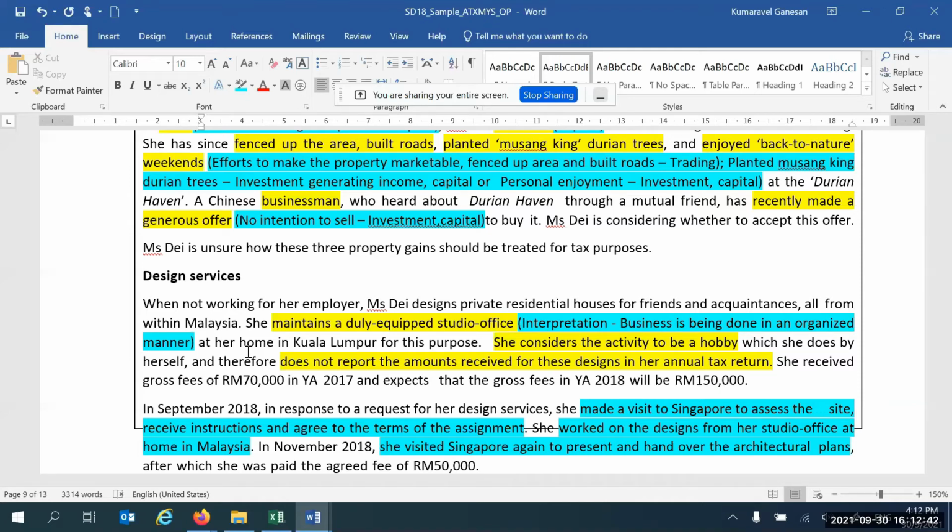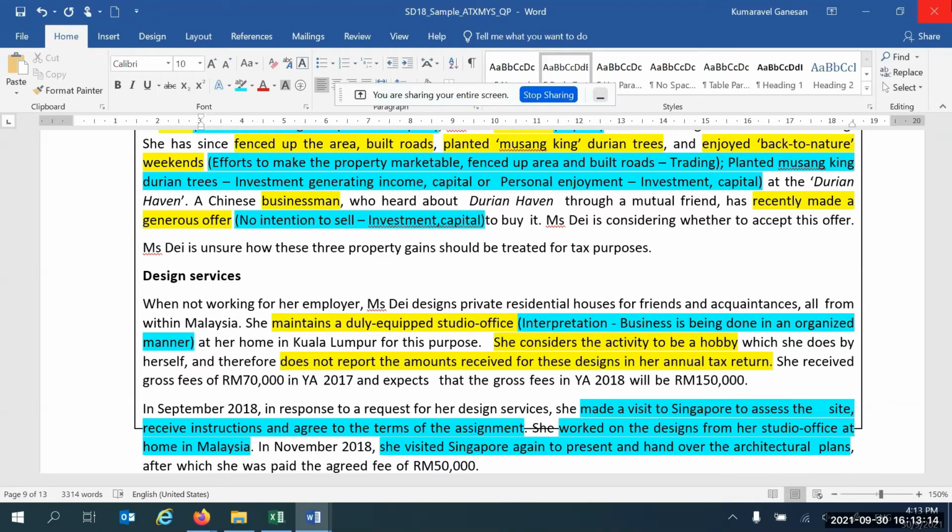Singapore is just to receive instructions and agree. But what did she do? She did it all in Malaysia. Once you prepare the service in Malaysia, it is subject to tax in Malaysia. Now, some students ask me, should it be subject to tax in Singapore? Most likely no, because she doesn't have any base or place of business in Singapore. She's just going there to get her instructions.